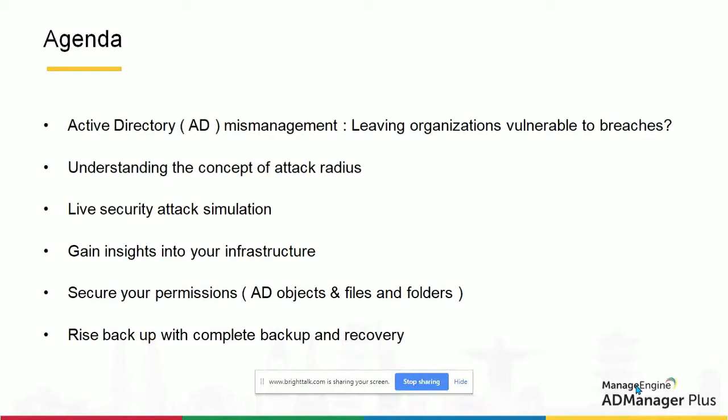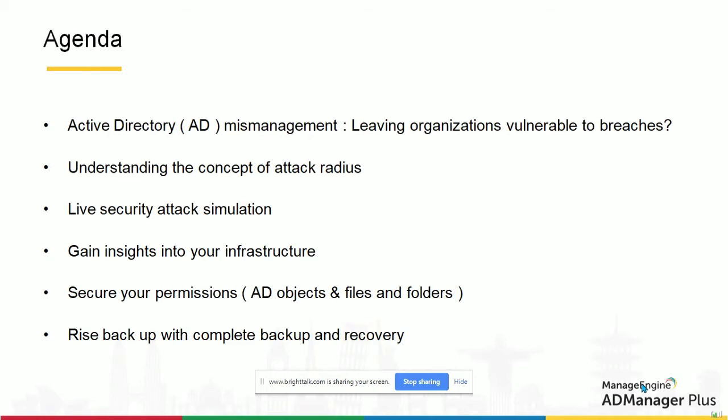Post which, we will also secure our permissions, and by this, I mean our permissions on our Active Directory objects, our security objects, and our files and folders. And finally, just to have a backup plan, a safety net to rise back up should something unfortunate or catastrophic happen, we will set up complete backup and recovery.